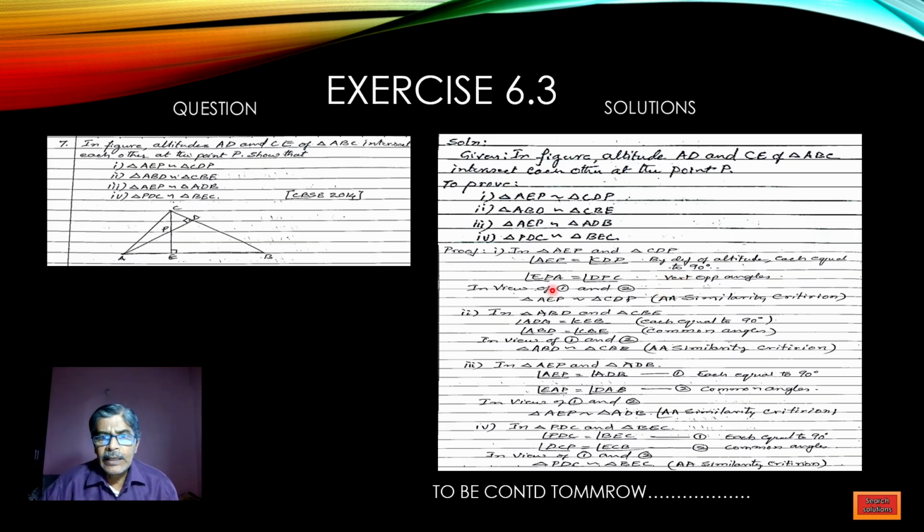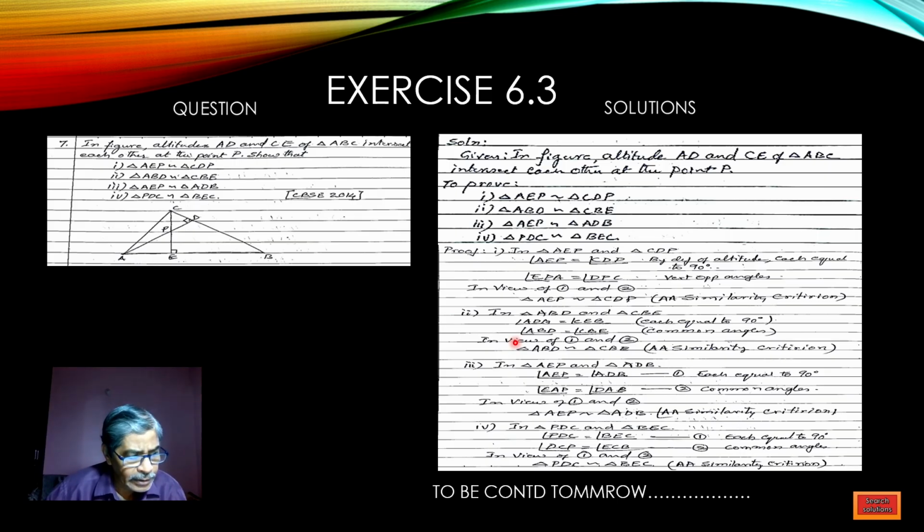Then angle EPA is equal to angle DPC because they are vertically opposite angles. In view of 1 and 2, for triangle AEP and triangle CDP, by the AA similarity criterion we can say that both of them are similar.